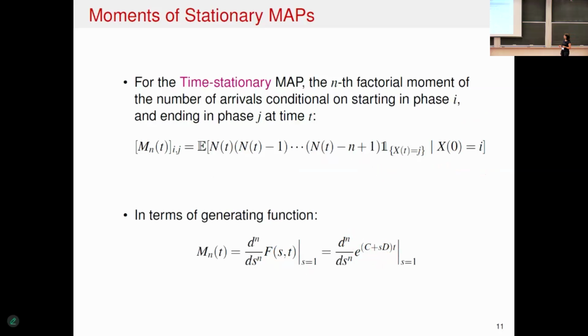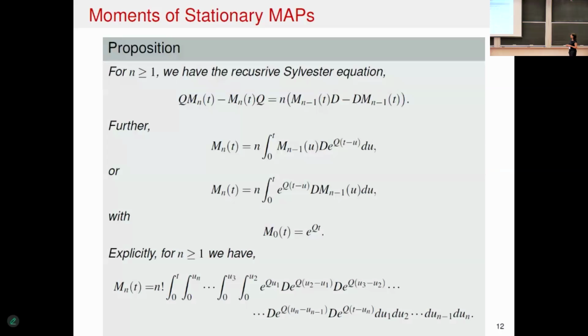The result was that we could find a recursive Sylvester equation that gives Mn of t in terms of Mn minus 1 of t. Then we can find Mn of t in terms of this integral of Mn minus 1 times e to the power of Q. This one is given in Asmussen's book, but we show an equivalent form, which is this one.